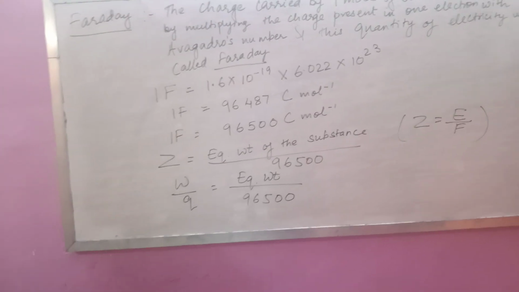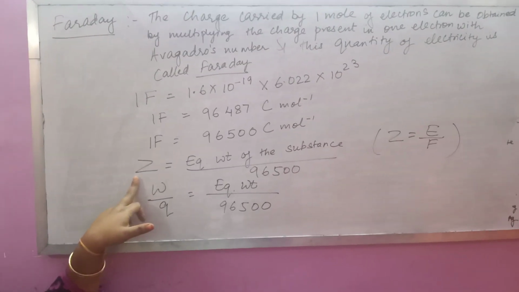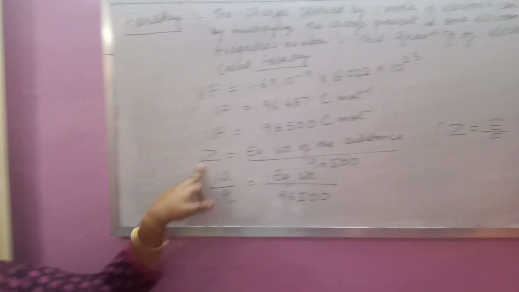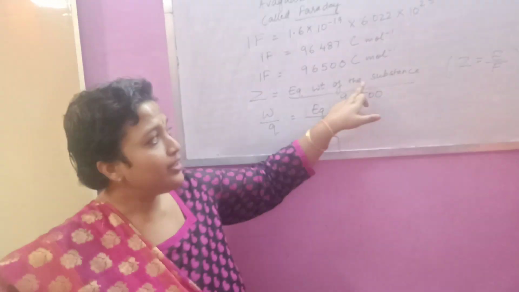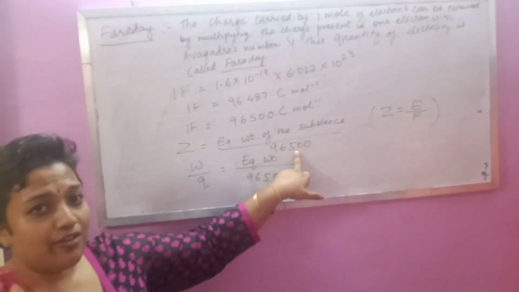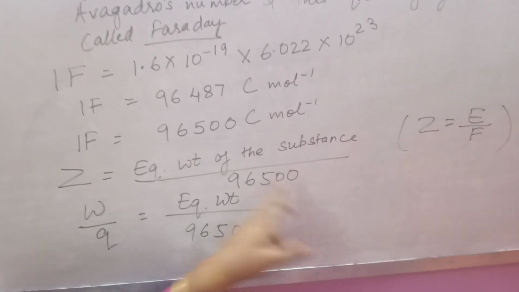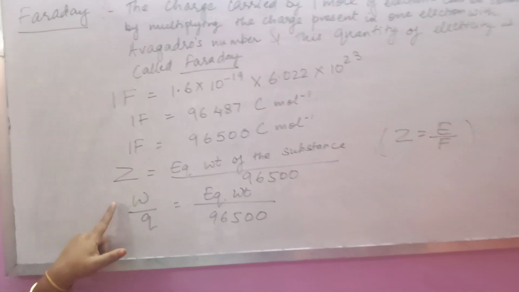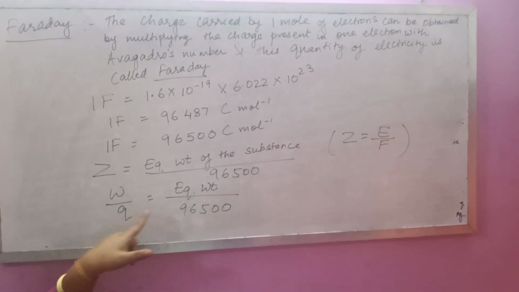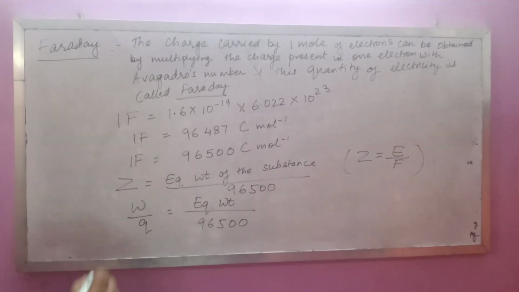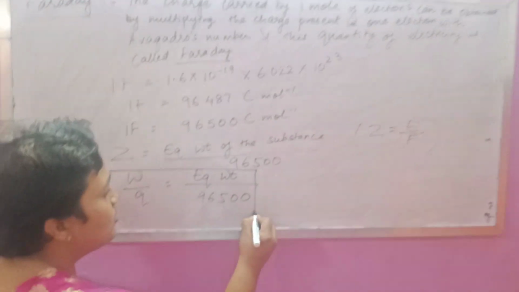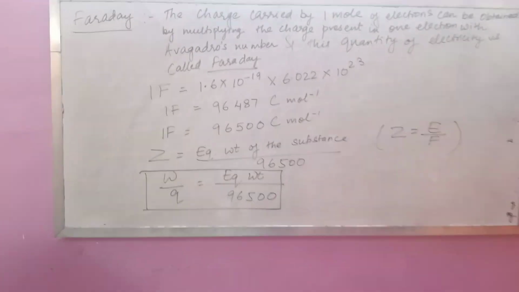And one very important relation you have to remember: Z, the electrochemical equivalent proportionality constant, is equal to the equivalent weight of the substance divided by F, that is 96500 coulomb. This Z is equal to W by Q, which is equal to equivalent weight by 1 Faraday. So you have to do some numericals based on these formulas.